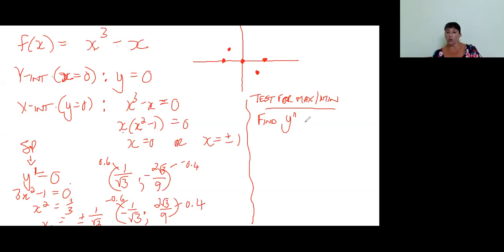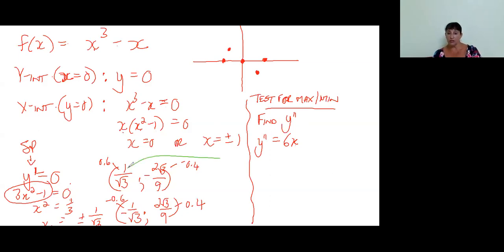Right, so what would the second derivative be? The second derivative is the derivative of the first derivative, which was 3x squared minus 1. So it will be 6x. And what you do is you substitute the two x values into the x.